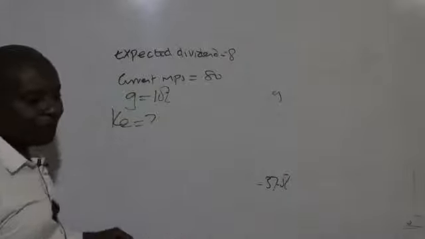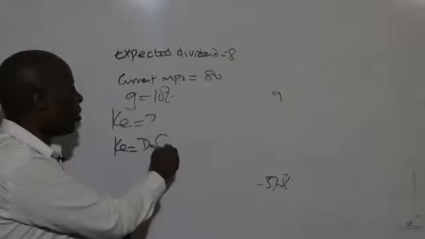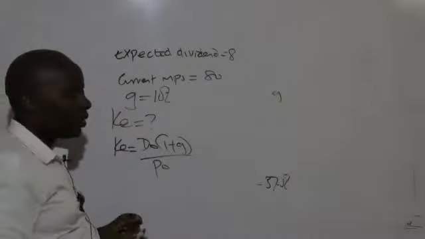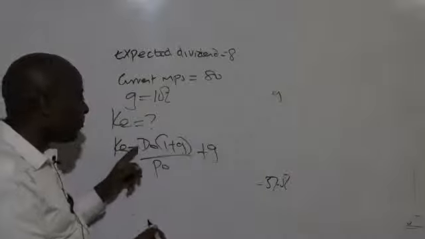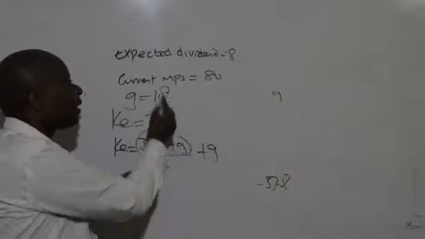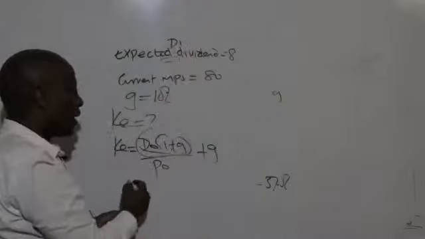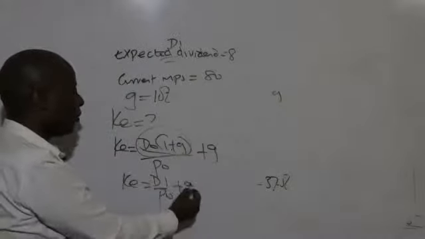Here, I'll write my cost of equity formula very well: D0 into (1 plus g) all over P0. After I do that, I'll remember that this examiner has used the language of expected dividend. So this is supposed to be D1, meaning that my Ke is supposed to be D1 over P0 plus g, like that.